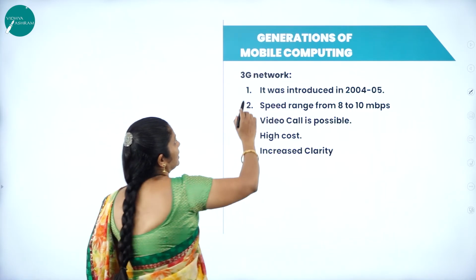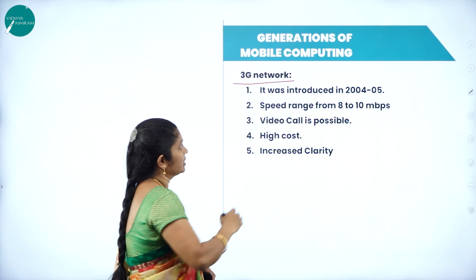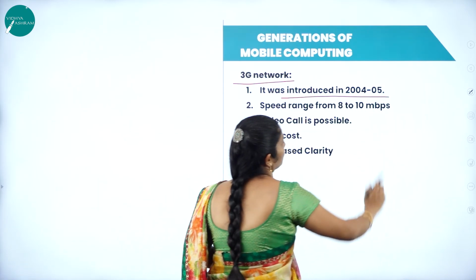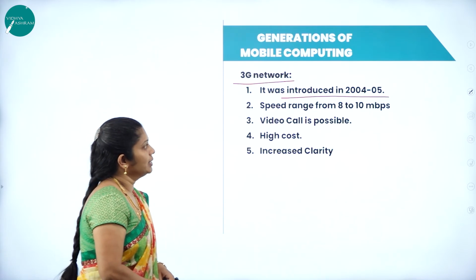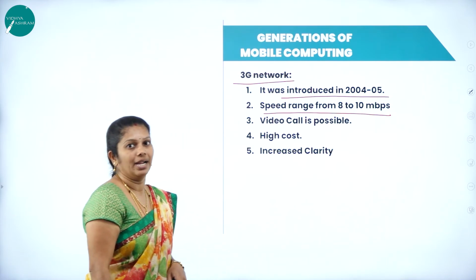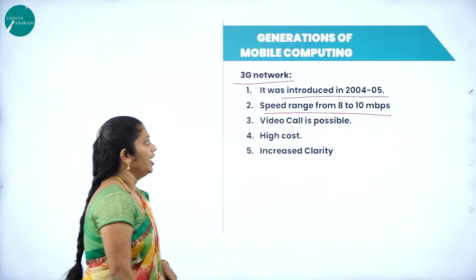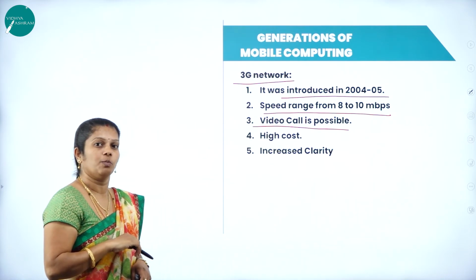Next we will move on to the 3G network. What exactly does the 3G network tell us? It was introduced in 2004 to 2005, and we call it the 3G network. Here the speed ranges from 8 to 10 megabytes per second. And video calls are possible here. Till then video calls were not possible.